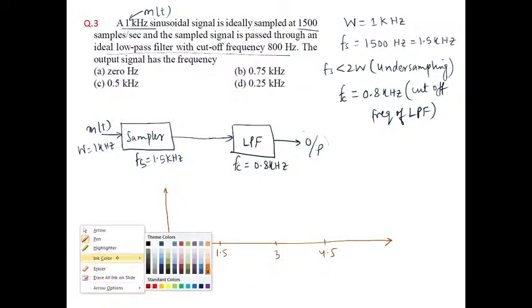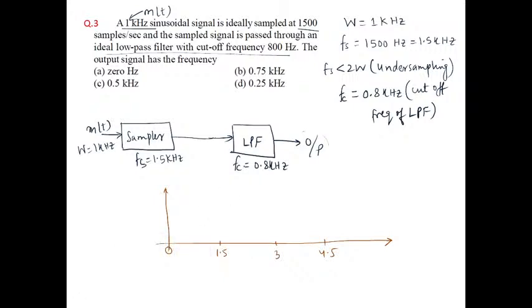Now this 1 kilohertz centered around the origin will always be present, and obviously one spike will also be present at -1 kilohertz.